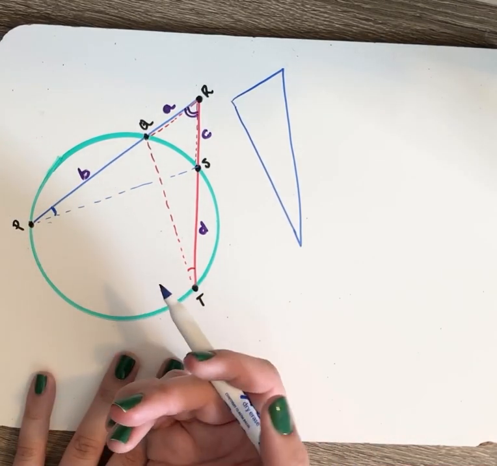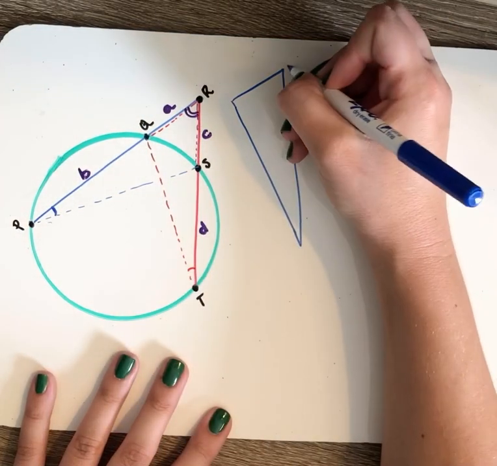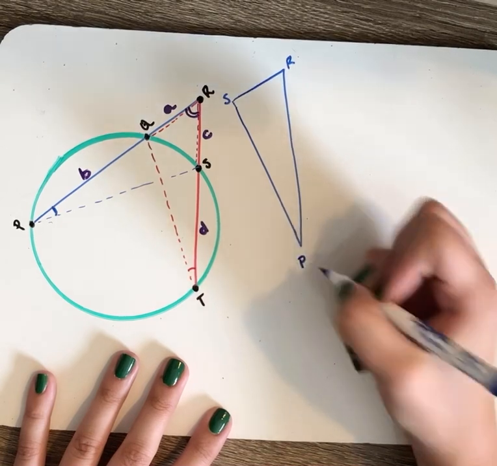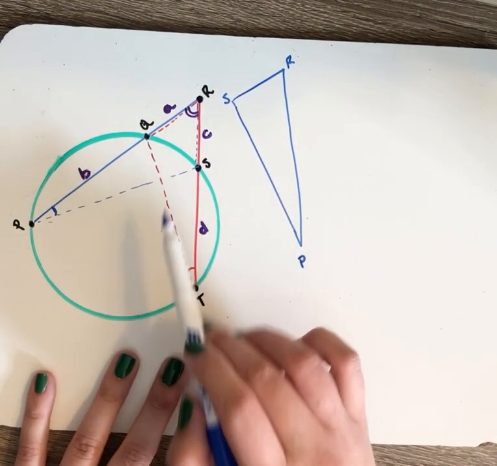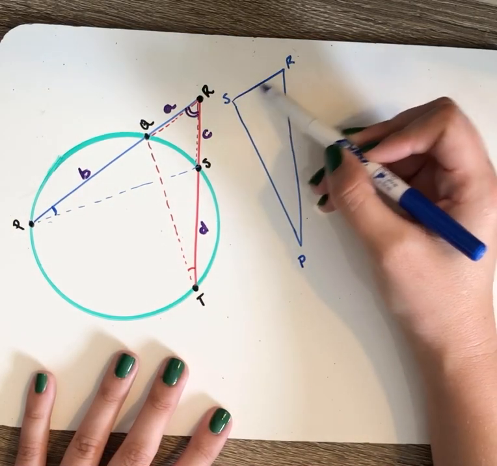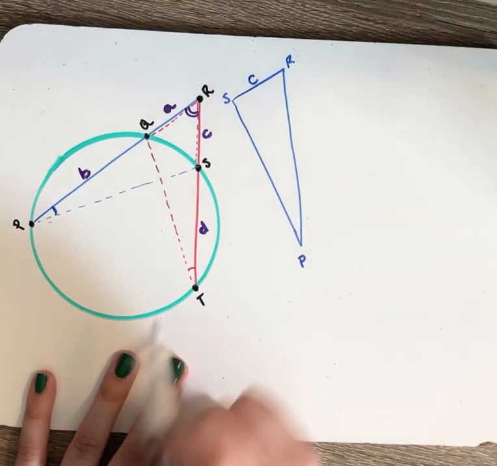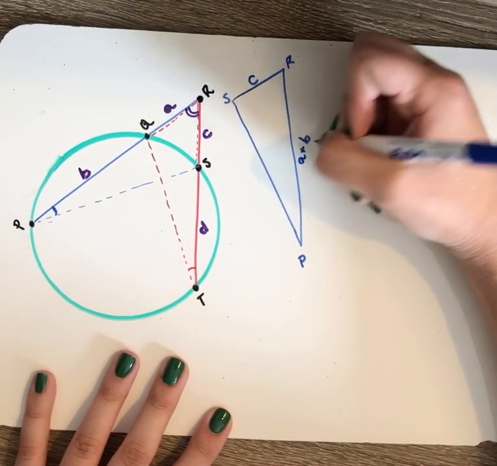So when I did that, I now have RS over here and P is down here. Okay, so I'm going to label the side lengths that I know from that. SR I know has a length of C, and RP I know has a length of A plus B.